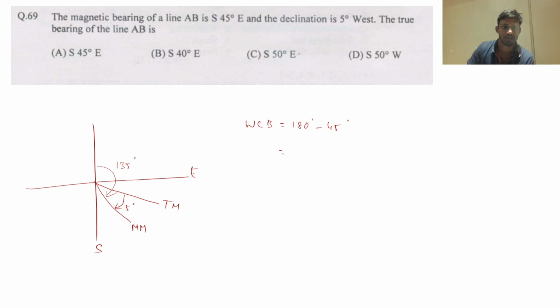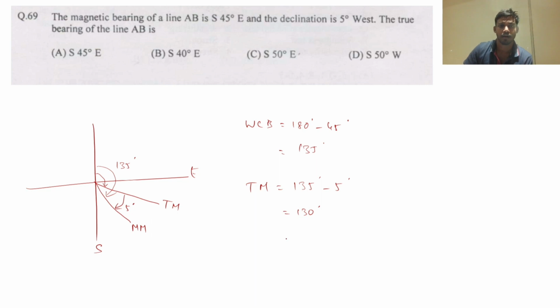So the magnetic meridian is 5 degree west to true meridian. That means this is the angle required for true meridian: 135 degree minus 5 degree. So it is equal to 130 degree, the true bearing.